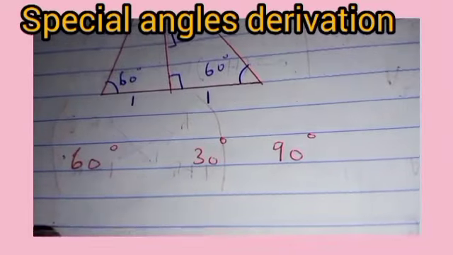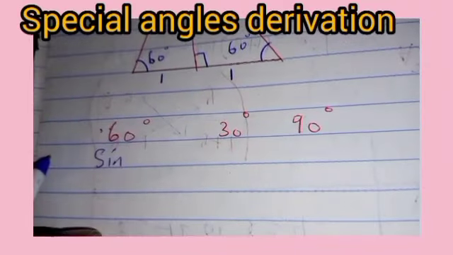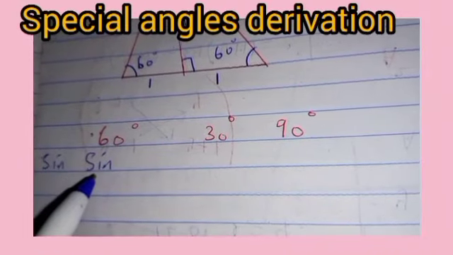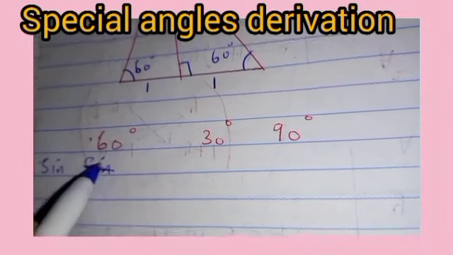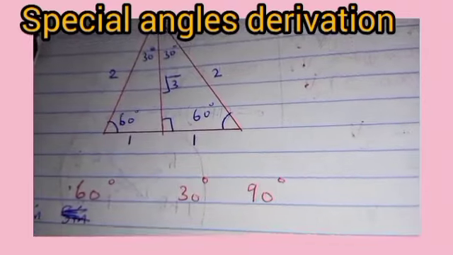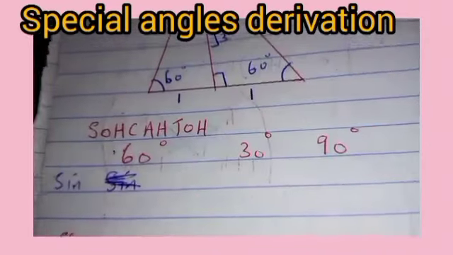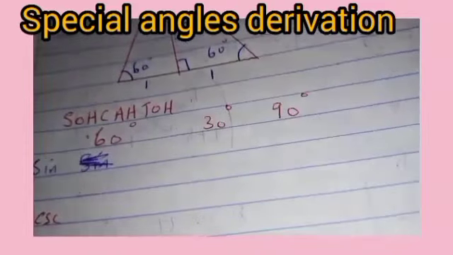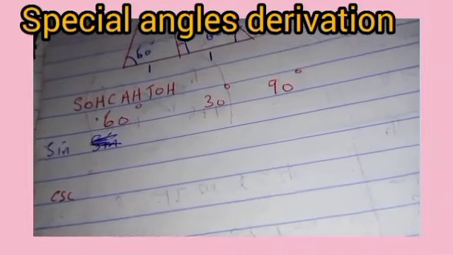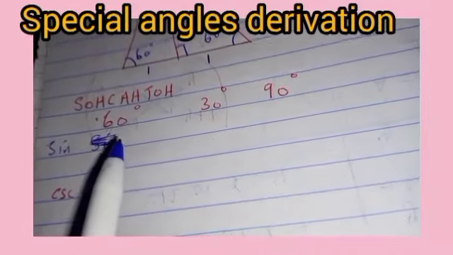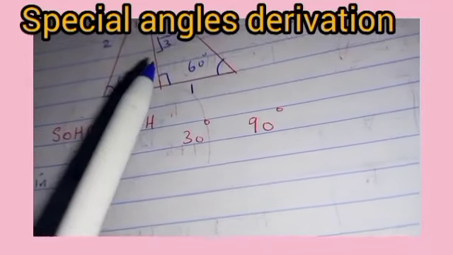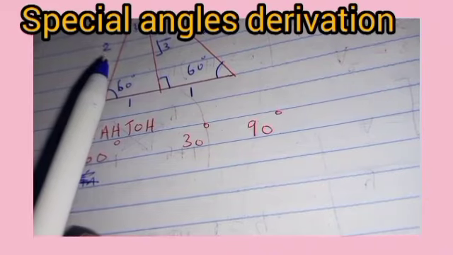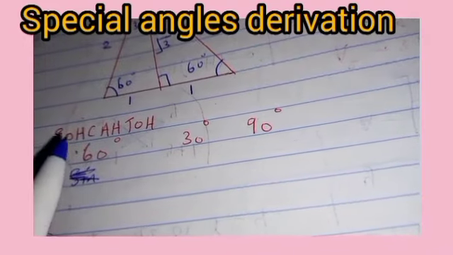So we are going to begin with the sine. I can write sine there. We are also going to apply SOHCAHTOA. So in this diagram, sine of 60, which is given by opposite over hypotenuse. So sine is opposite over hypotenuse.